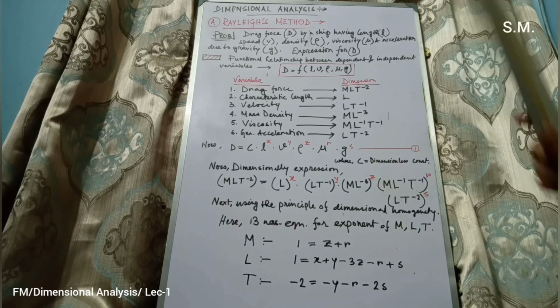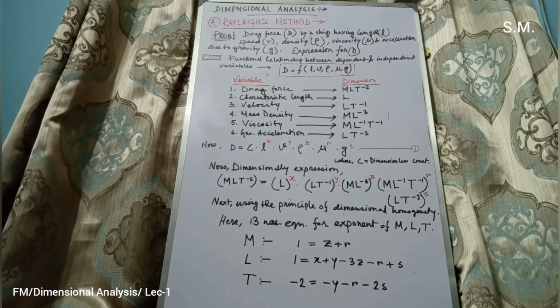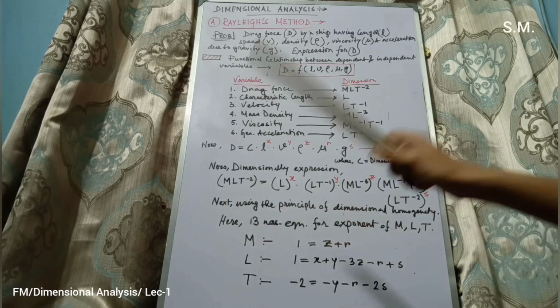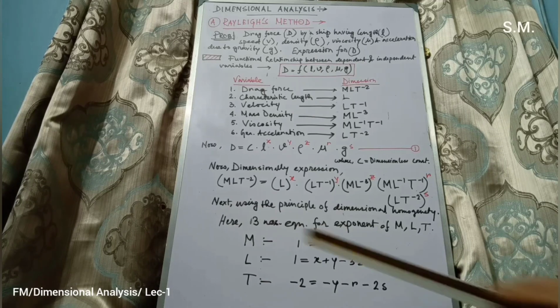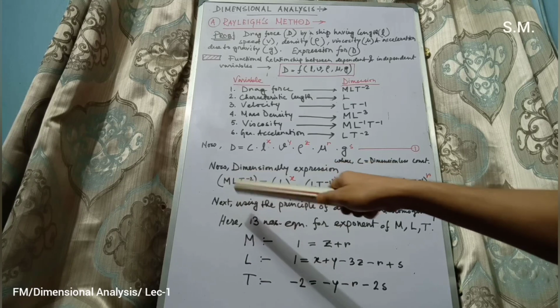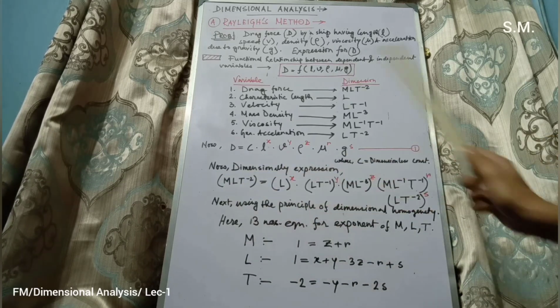Next we use the principle of dimensional homogeneity. We get three equations for the exponents of M, L and T. First we consider M. In this equation, this part is the left hand side and this part is the right hand side.